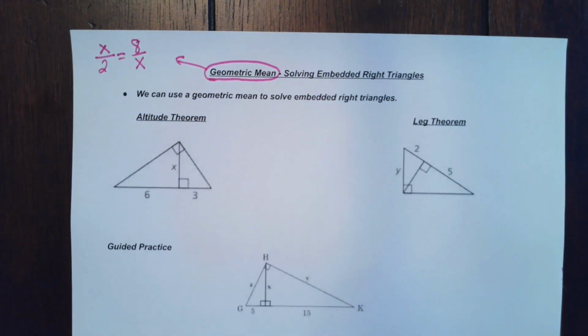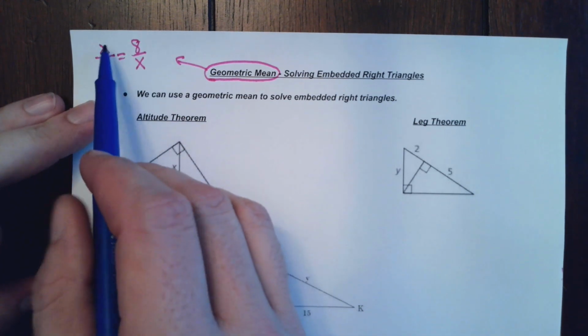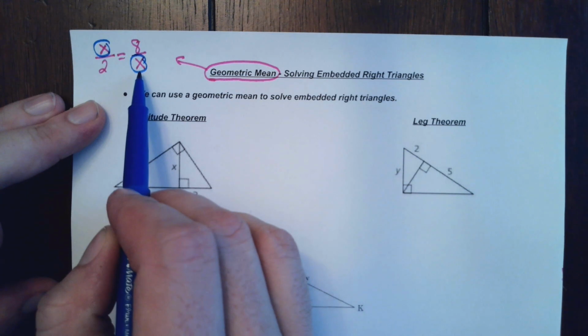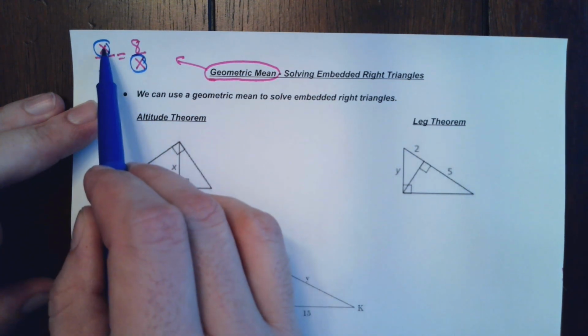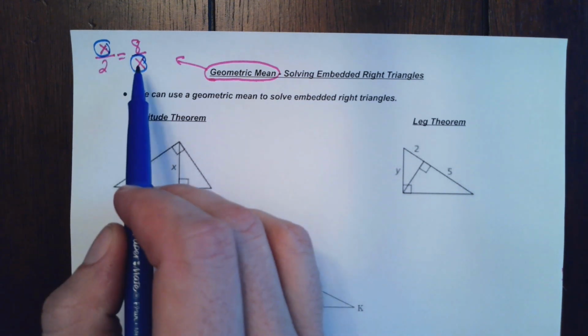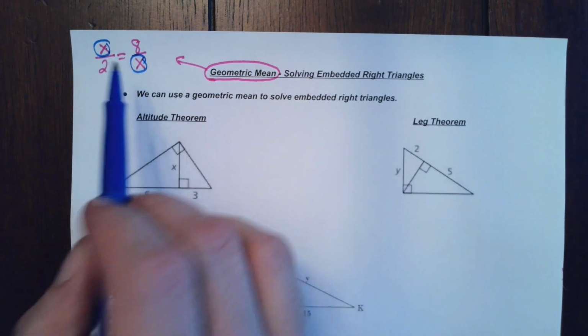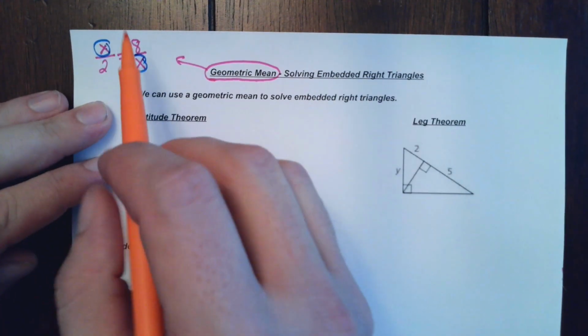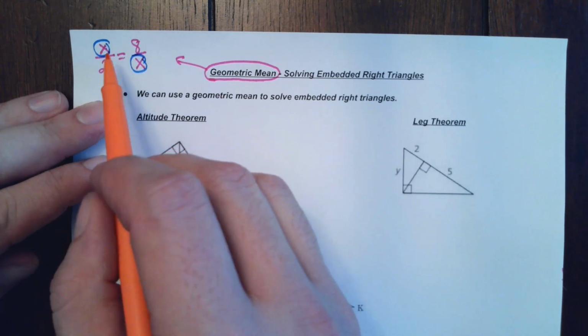What makes this a geometric mean is if you notice your x and your x, one is a numerator and one is a denominator. So when you have the same value as a numerator and a denominator, then we are setting up a geometric mean. Now the way we would solve this is we would cross multiply, which in middle school you would have called the butterfly method.